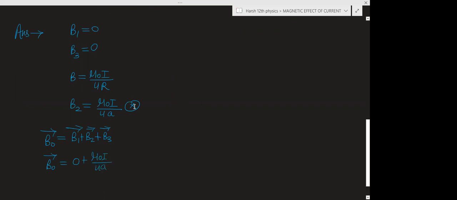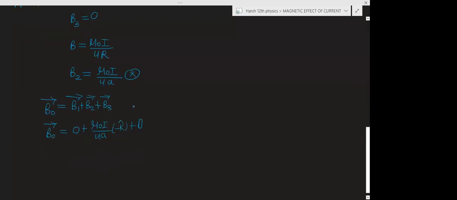So for inward, which unit vector will we use? Minus k cap. If we are writing in the vector form, and B3 is again 0. So finally you will get your answer: B equals mu naught I by 4A, minus k cap. This is your final answer.